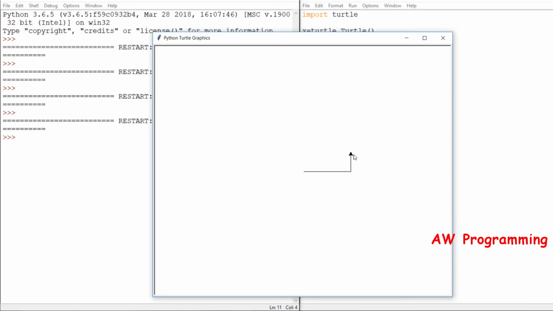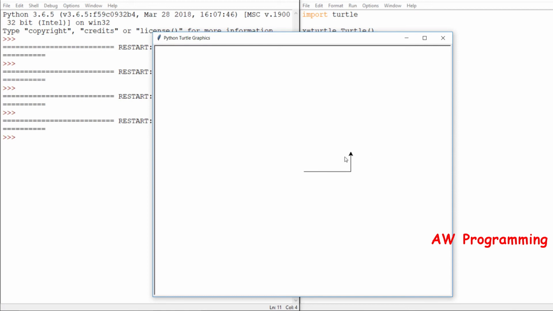Since we are talking about this angle, let's say x, so tan of x will be height upon base.